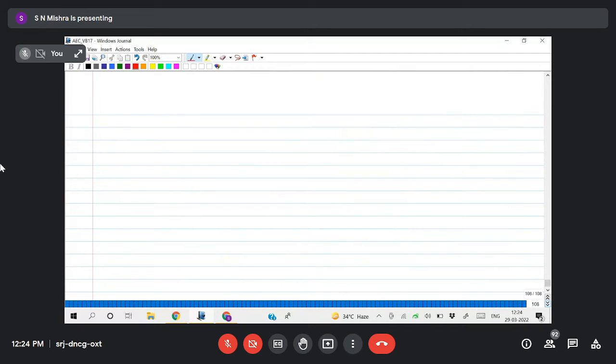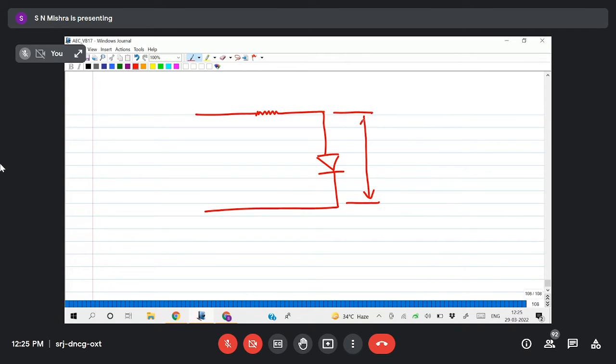Now till now we have discussed the diodes which are connected in series with the load resistance. Now let us see if the diode is connected in parallel, then how we find the output. It is a little bit easier compared to the previous one. So the resistor I'll connect here, then the diode like this, and across this I have to find the output voltage.